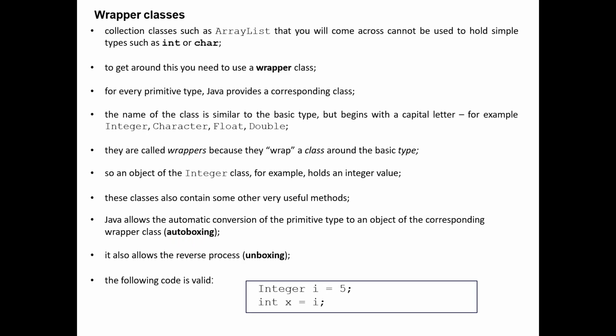Also, we have the wrapper class. A wrapper class is needed because collection classes such as ArrayList, that you will come across, cannot be used to hold simple types such as integers and characters. To get around this, we will need a wrapper class.